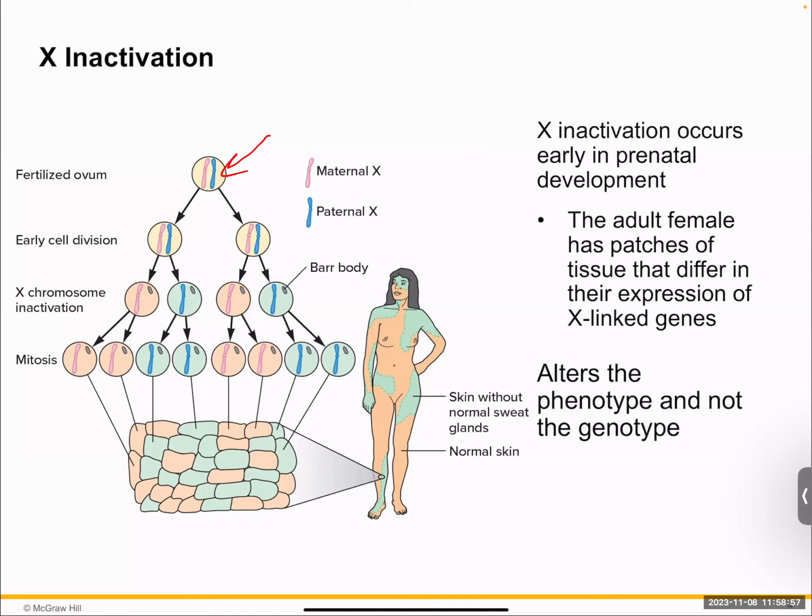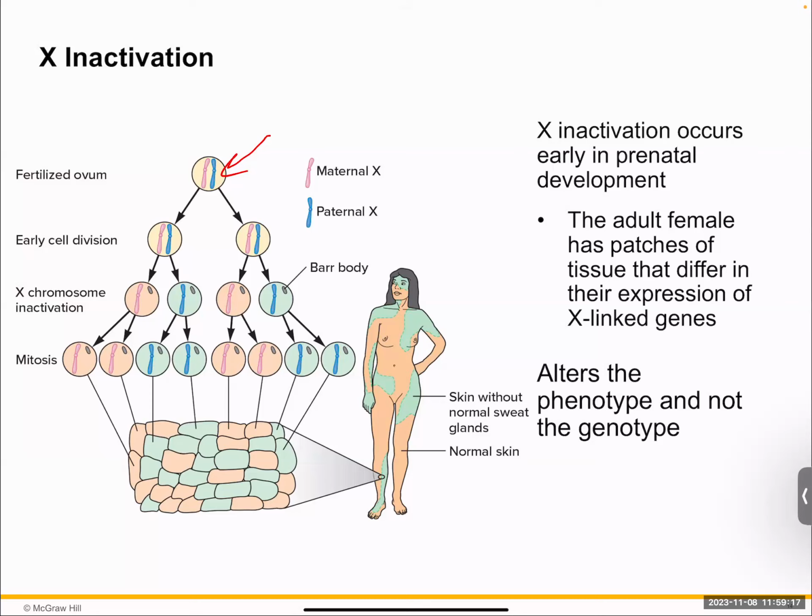Now, here's what happened. At some point during the earliest stages of cell division, some of the cells, as they're undergoing their process of mitosis, inactivate their X chromosome, one of the X chromosomes in their sequence.